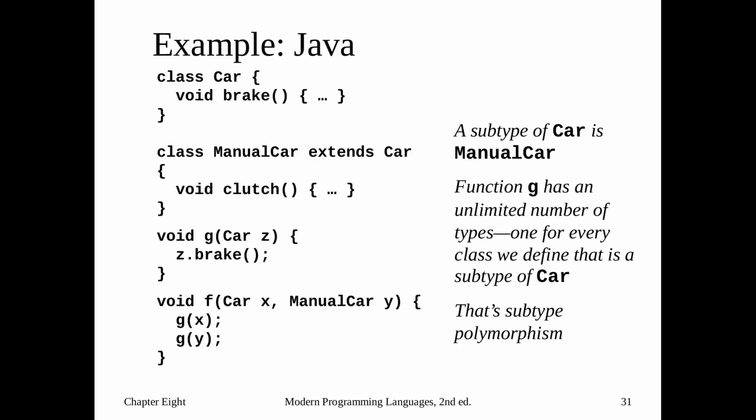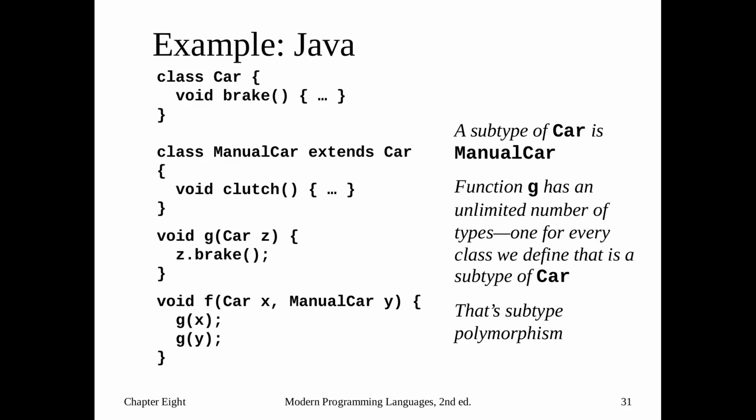In Java, we should all know about this, we can create class hierarchies. So if we have a class Car with a single method brake, we can create a manual car, or what used to be called a standard, which has a clutch, and then we could also theoretically create another car that has another form of transmission beyond an automatic.